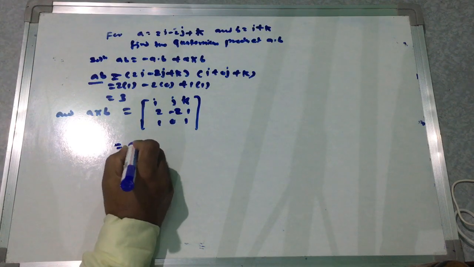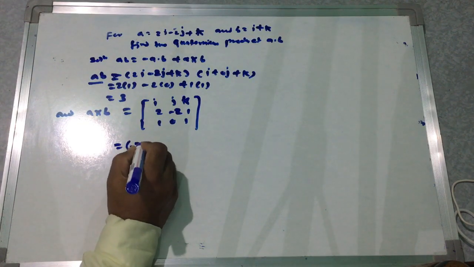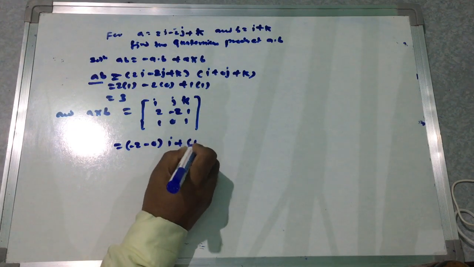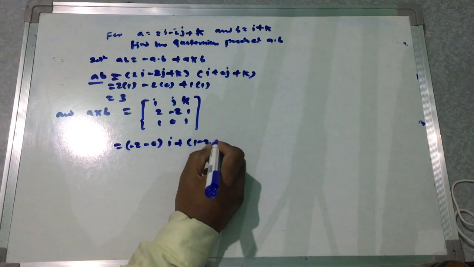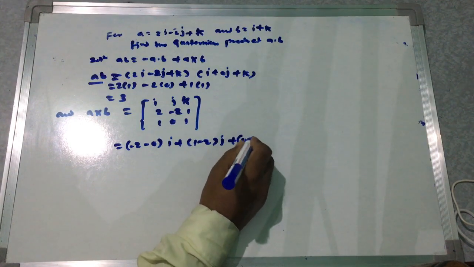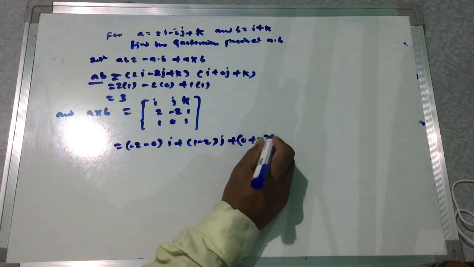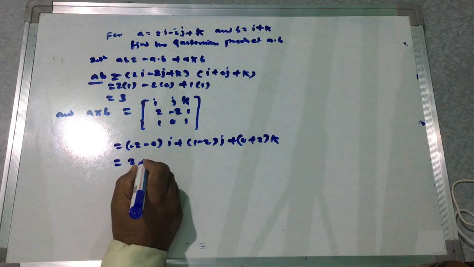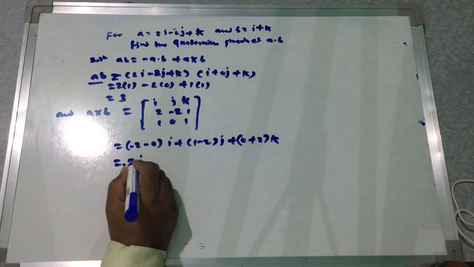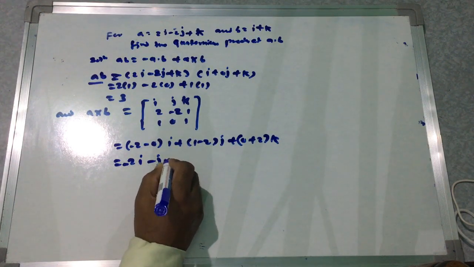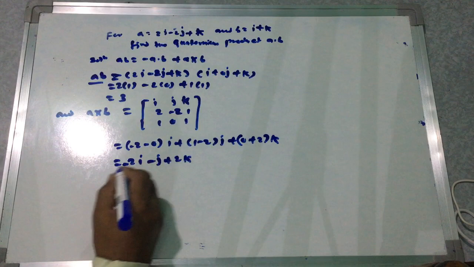So this is equal to minus 2 minus 0 into i, plus 1 minus 2 into j, plus 0 plus 2 into k, that is, minus 2i minus j plus 2k.